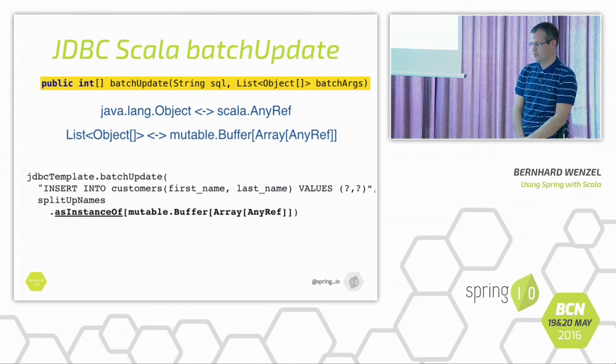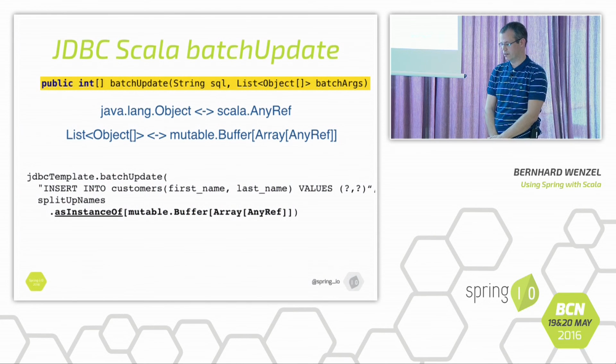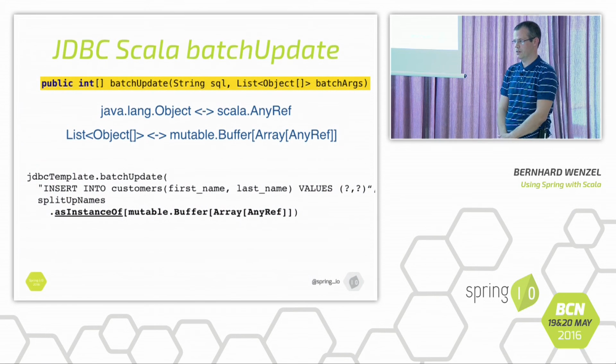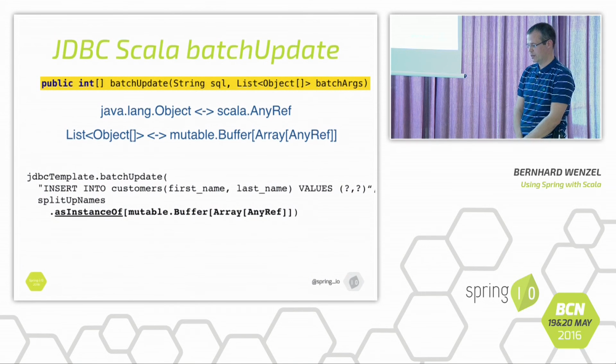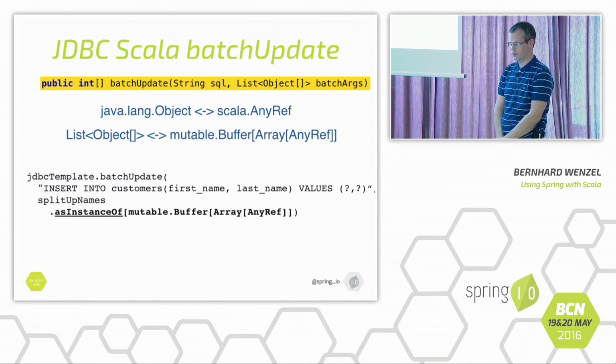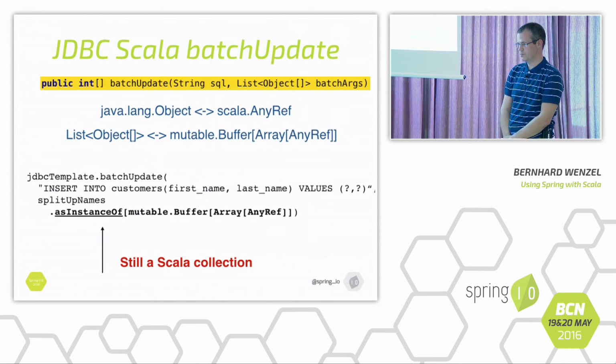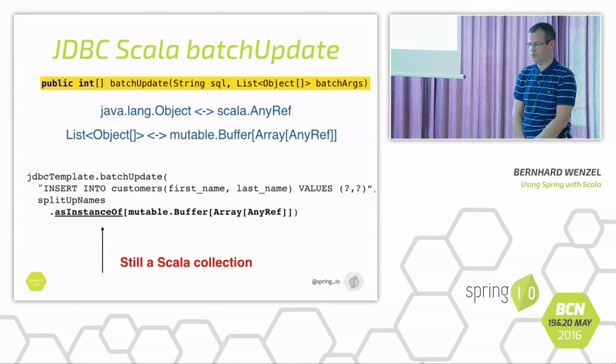And the list we know already is the buffer, and an object array in Java is an array in Scala. In Scala, you do typecasting by using an asInstanceOf method, and then you provide the type you want. However, if you pass this to the Java side, you need to know that you're still on Scala. So this is still a Scala collection, and you cannot give this to Java.